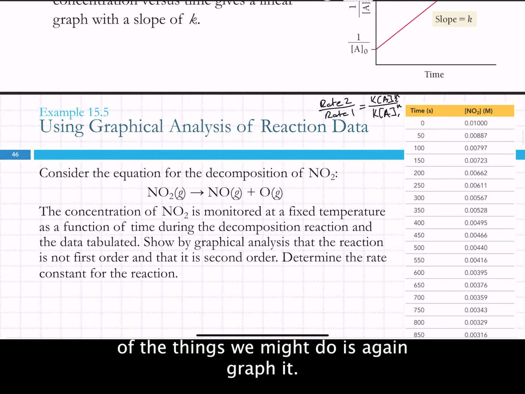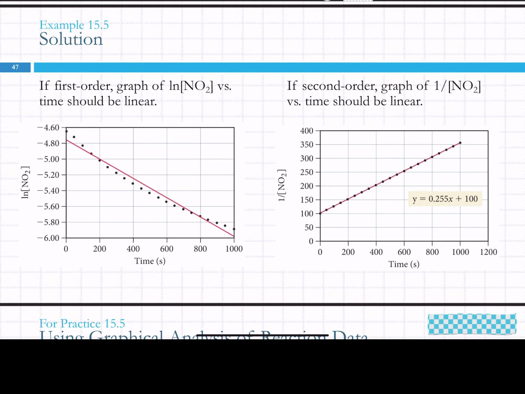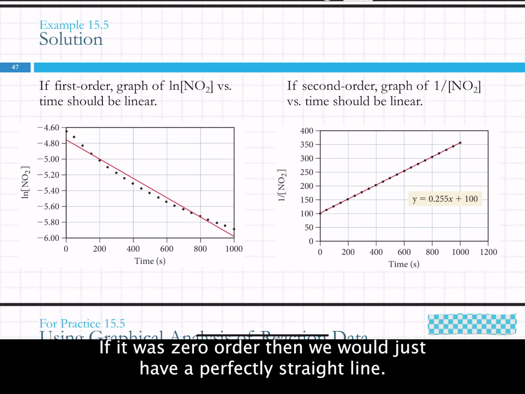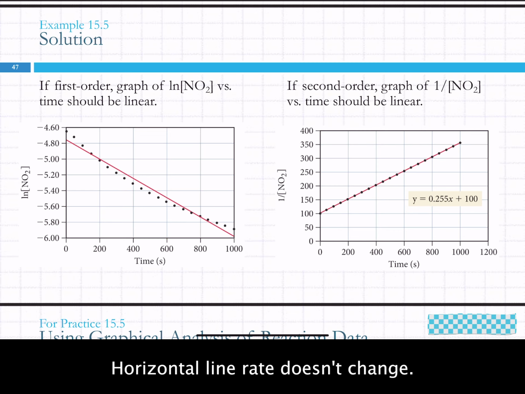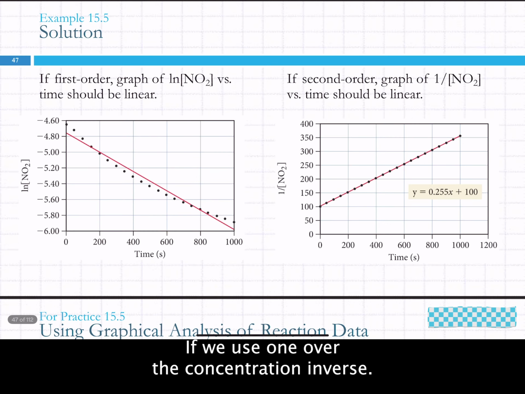Instead, one of the things we might do is, again, graph it. If it was 0 order, then we would just have a perfectly horizontal straight line, since the rate doesn't change. First order, we get a straight line if it's the natural log. Second order is a straight line if we use 1 over the concentration, the inverse.